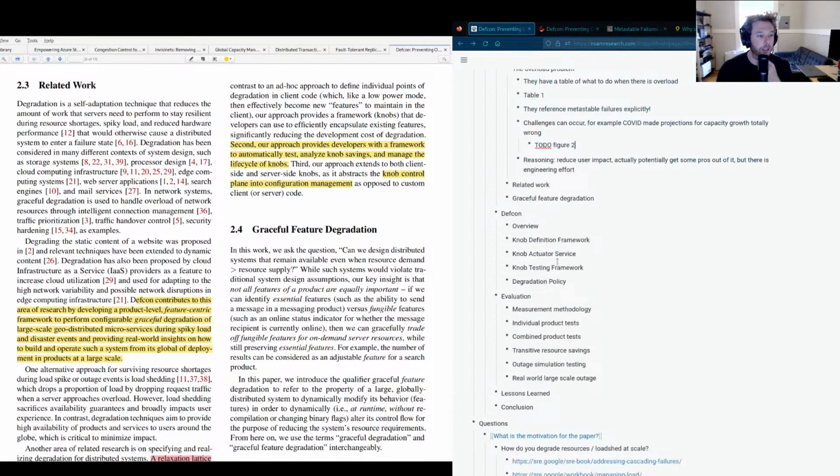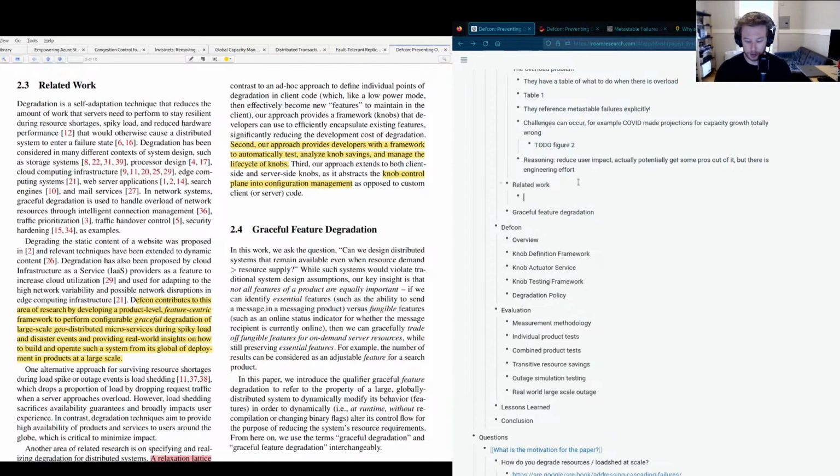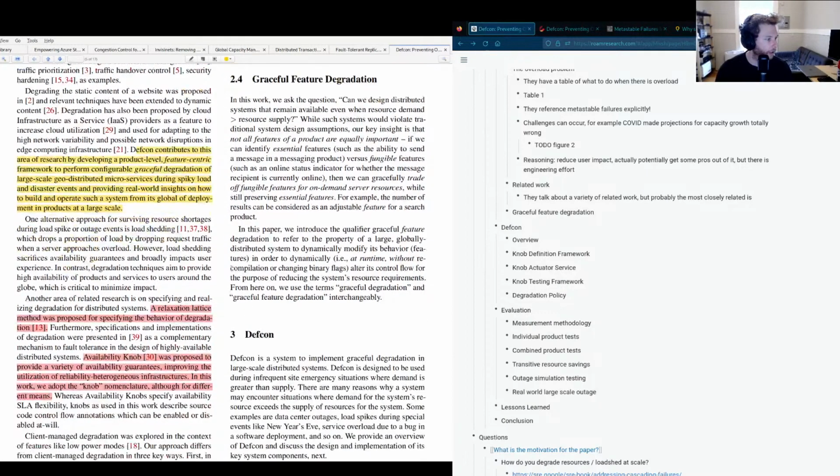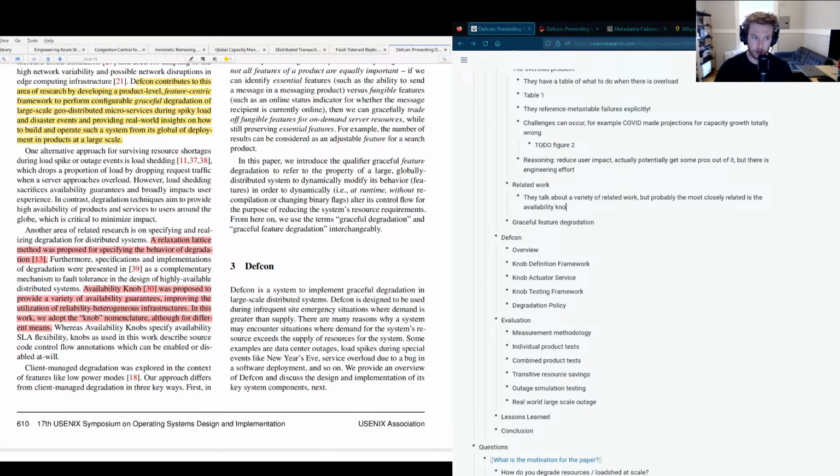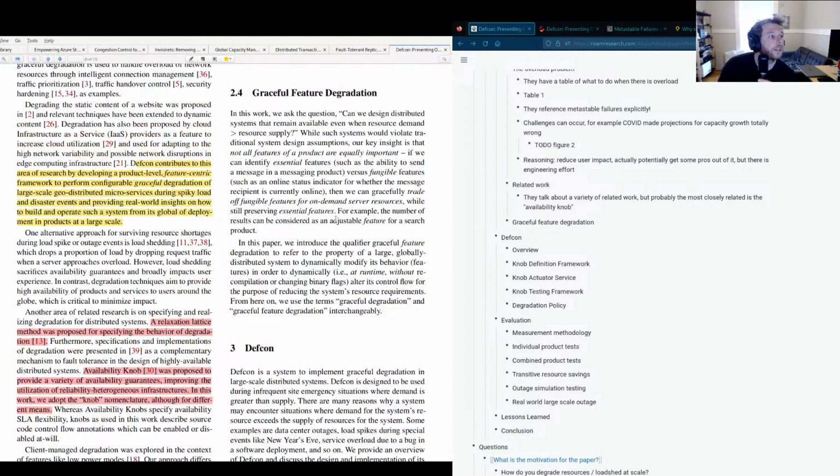Okay, so they talk about a variety of related work, but probably the most closely related is the availability knob.